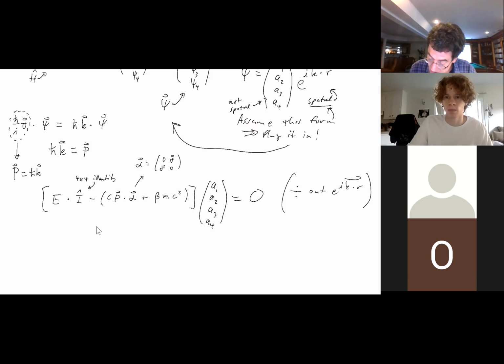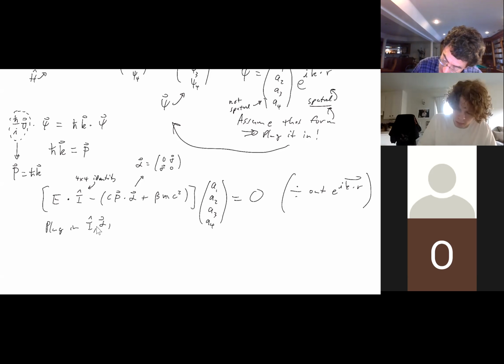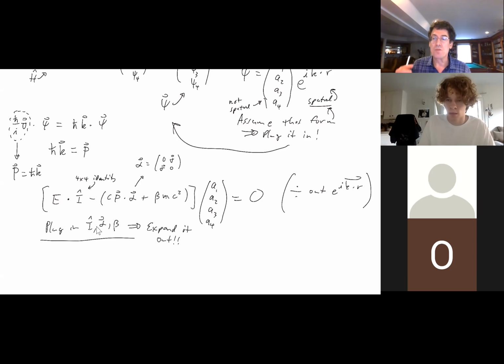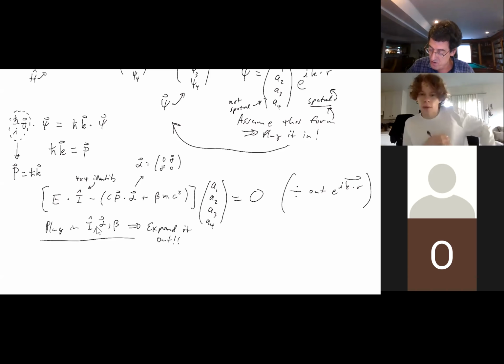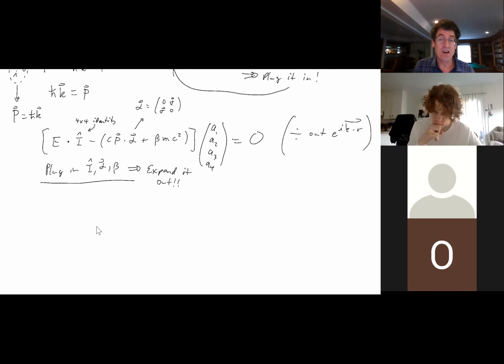Now what we can do is plug in the identity, alpha, the 4x4 matrix, and beta, and expand this out. Do the algebra, plug in these 4x4 matrices, rearrange everything, and do all that matrix algebra, which is not hard, but it's tedious.